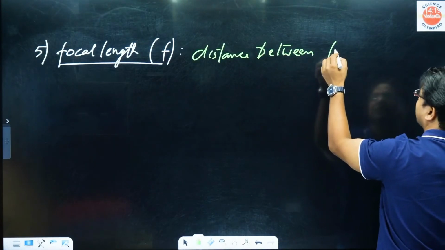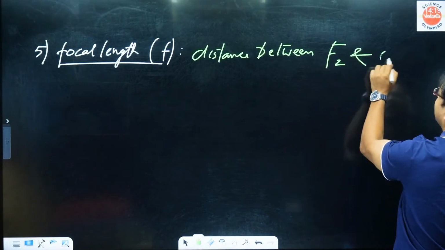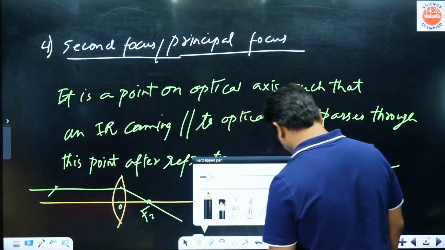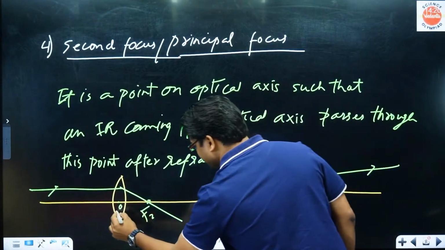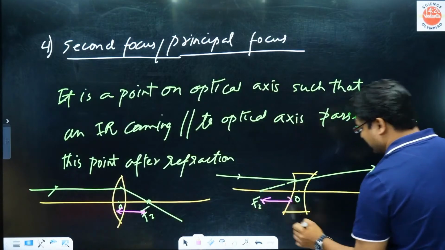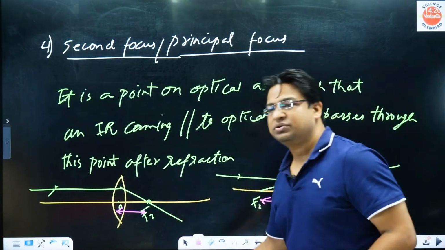I'll simply write F2 and O. Which basically means if I go to the previous diagram, then this length is the focal length, and here this length is the focal length. These two lengths are the focal length.